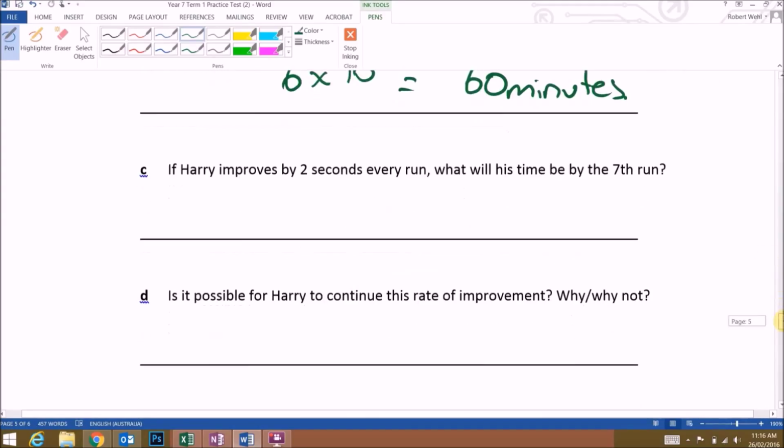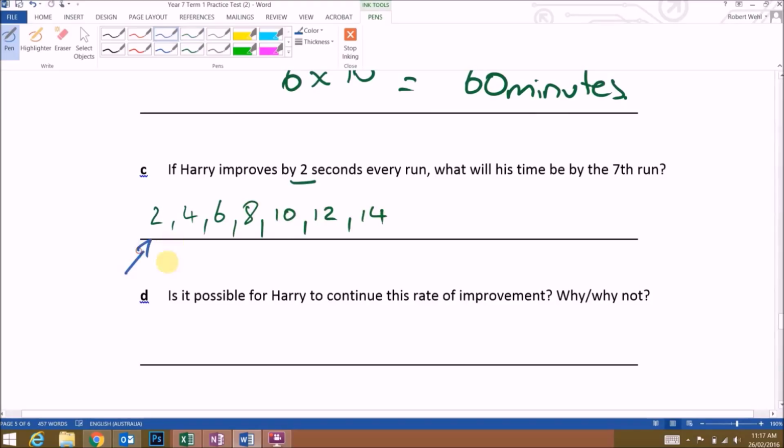If Harry improves by 2 seconds every single run, what will his time be by the 10th run? Okay, so 2 seconds every single run. So for the first one, he's going to take off 2 seconds. The second one, 4, third one, 6, 8, 10, 12, 14.